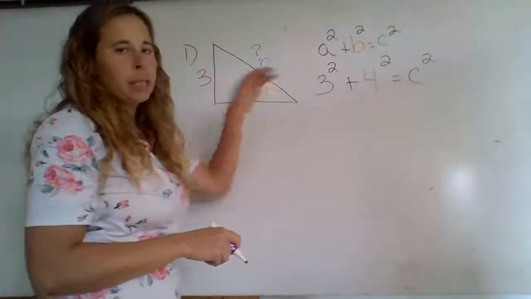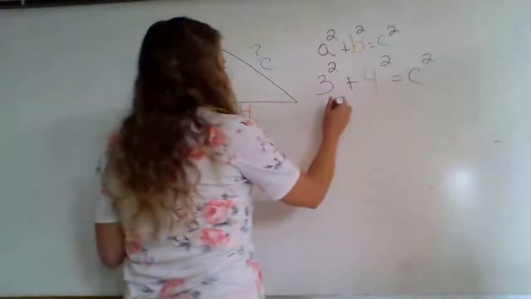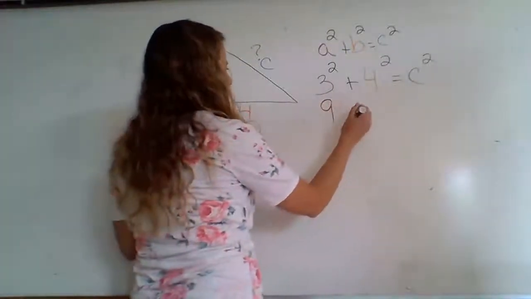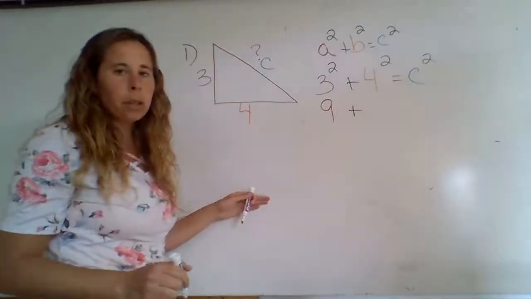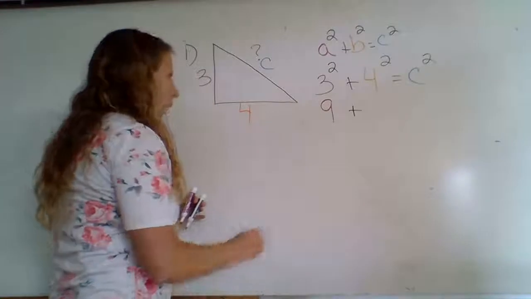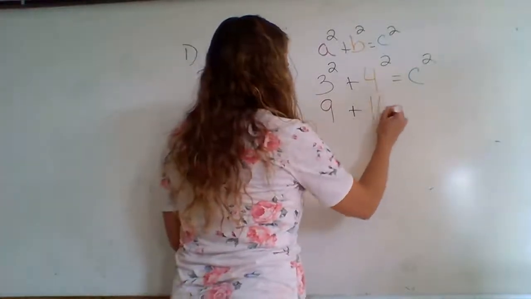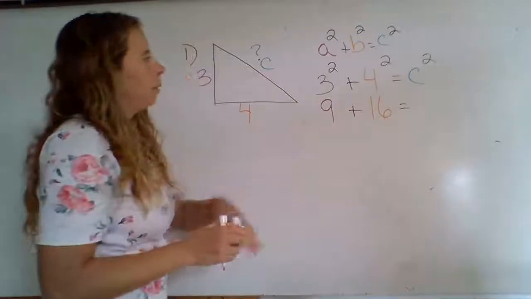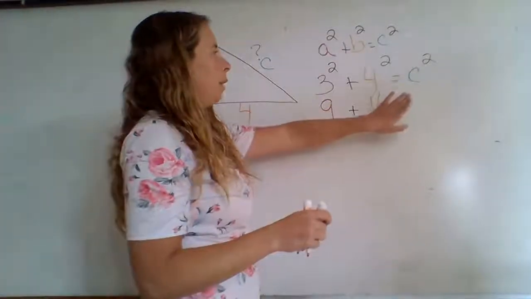3 squared, that's 3 times 3, that's 9. Plus 4 squared, 4 times 4, 16. Okay, equals C squared.